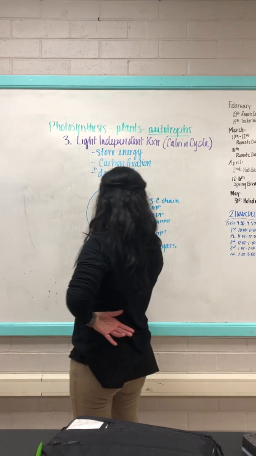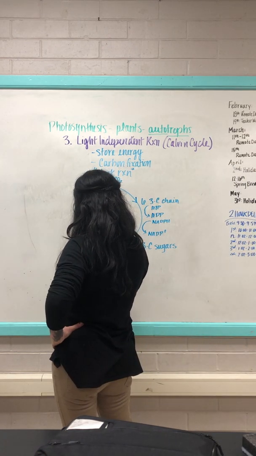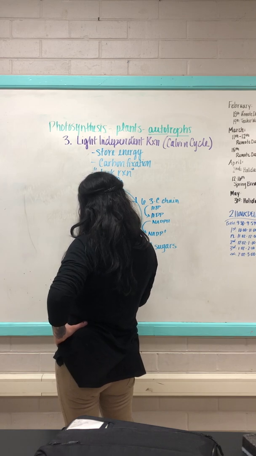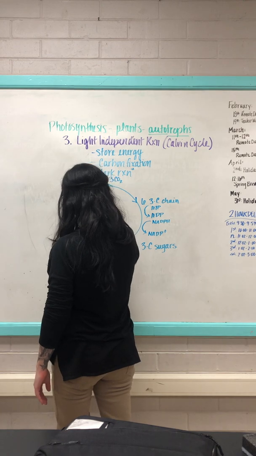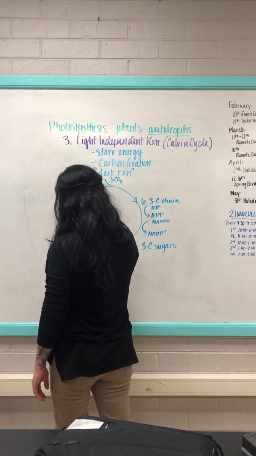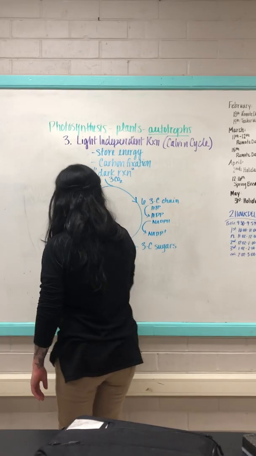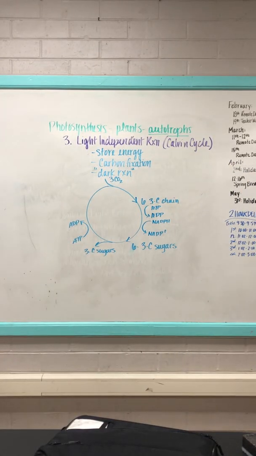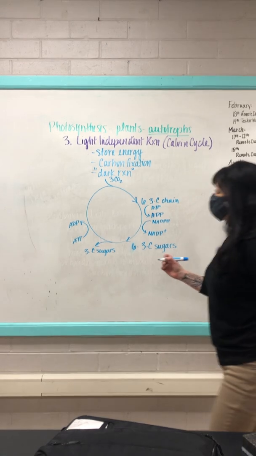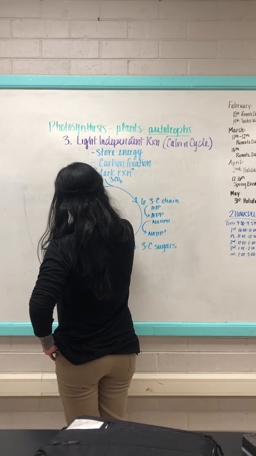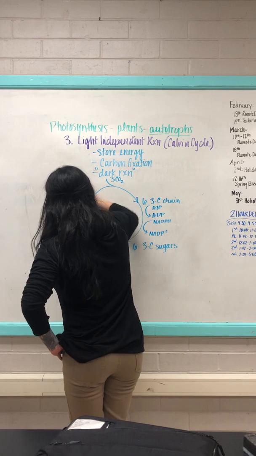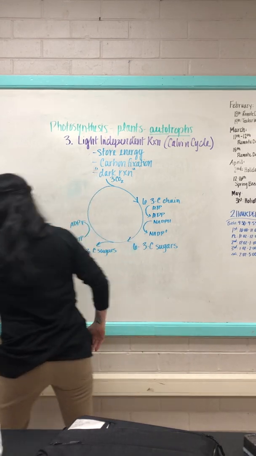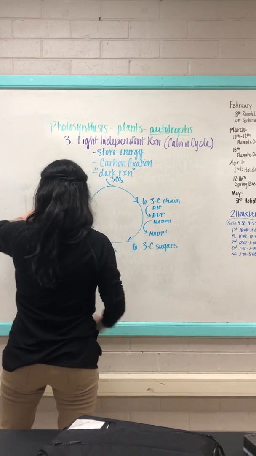Okay, and then one of the 3 carbon sugars breaks off right there. And then it's gonna continue on with the reaction. So we're gonna add ATP again. And then when that's used up, it's ADP. And then you're gonna end up with 3. Oh, that's a bad way to write it. I'm just making the board worse and worse.